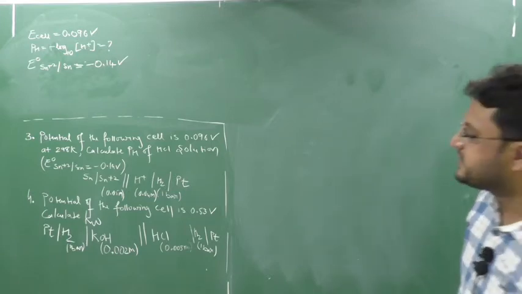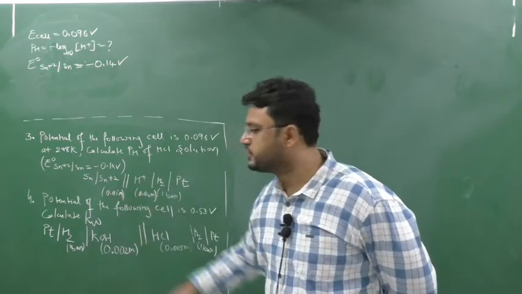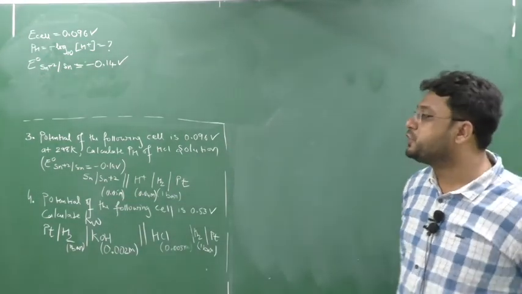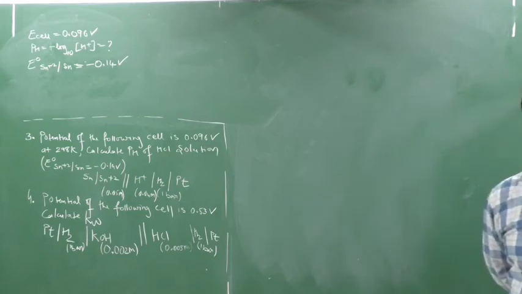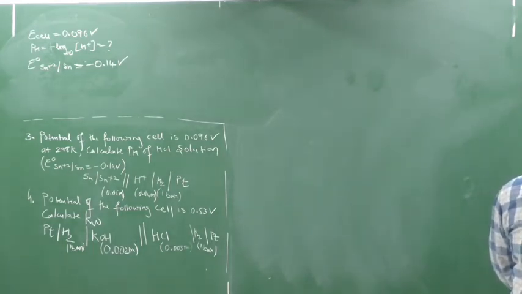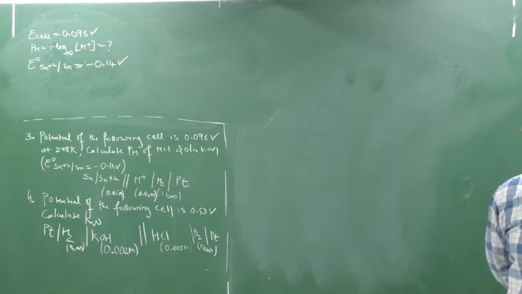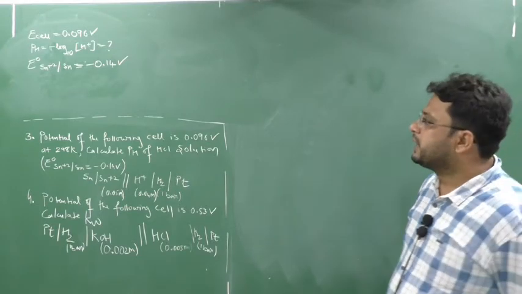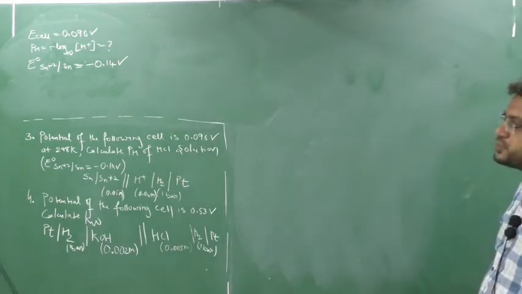Below Sn plus 2 the concentration is 0.05 molar, and below H plus the concentration is 0.04 molar. H2 is a gas at 1 bar. Try to solve. Chalo, pause the video.